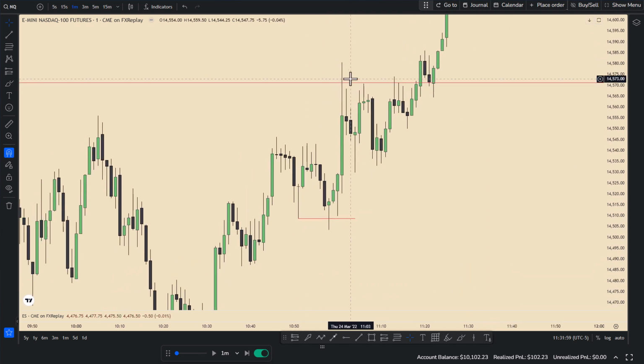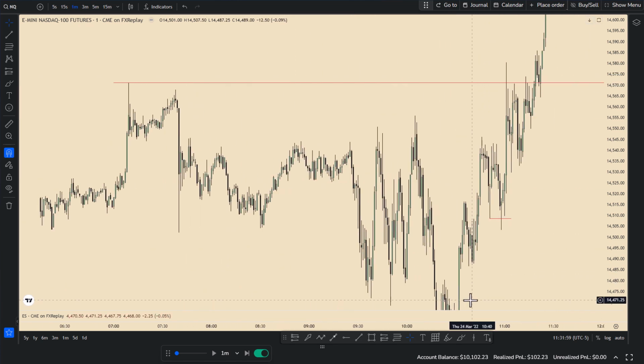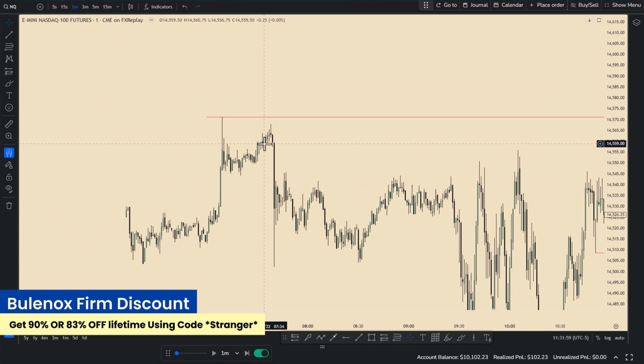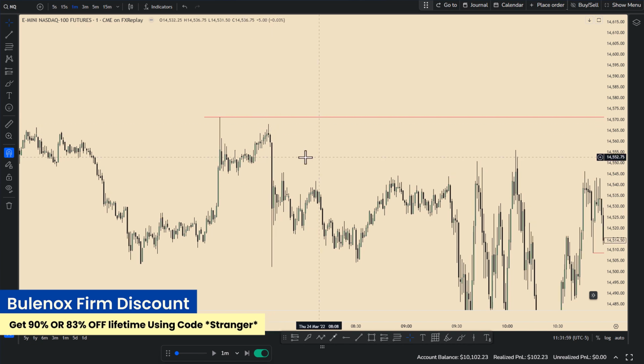So this is exactly what I talked about in one of my previous videos. A lot of people, especially new people to ICT, right? They see a sweep here, maybe previous session high, previous session low, doesn't matter.